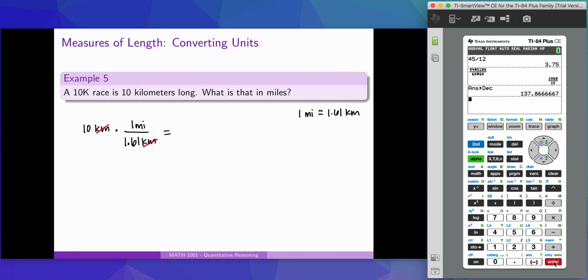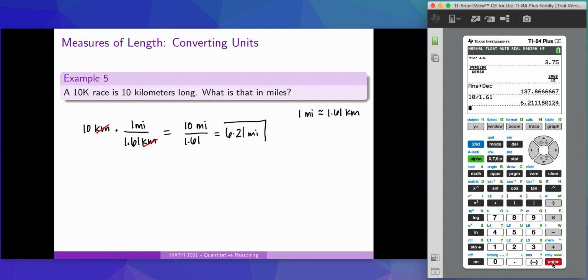So now I notice I'll have 10 miles on the top and 1.61 on the bottom. So I need to do the 10 divided by 1.61. So 10 divided by 1.61 is 6.21. And we'll just go to 2 decimal places here. So this is 6.21 miles.